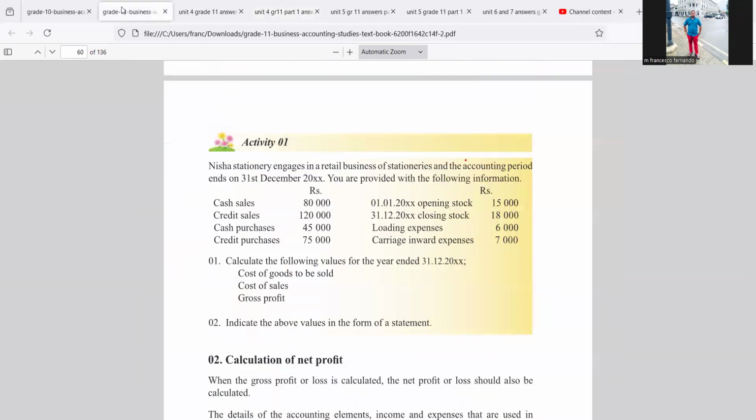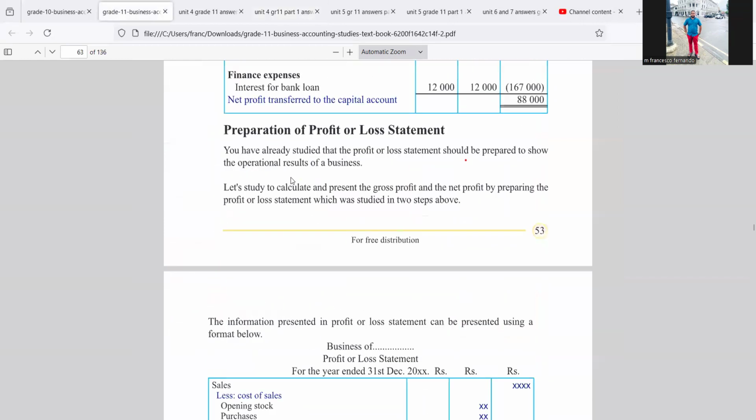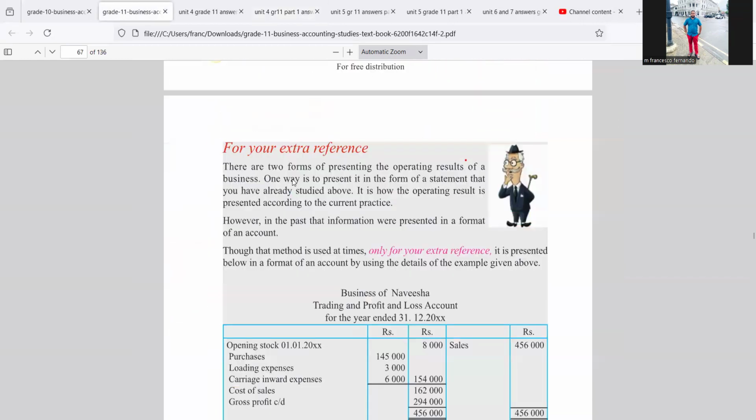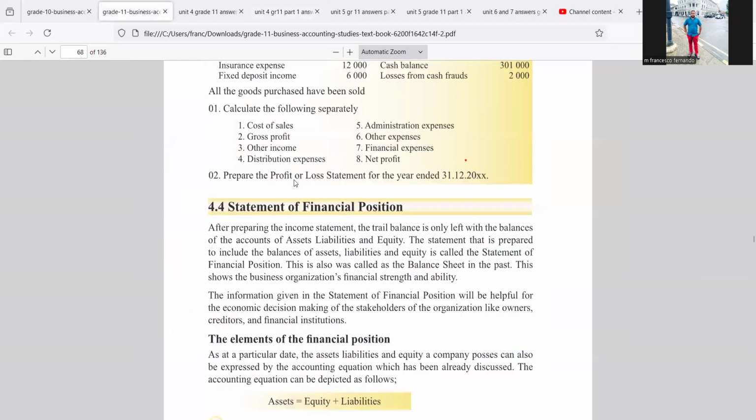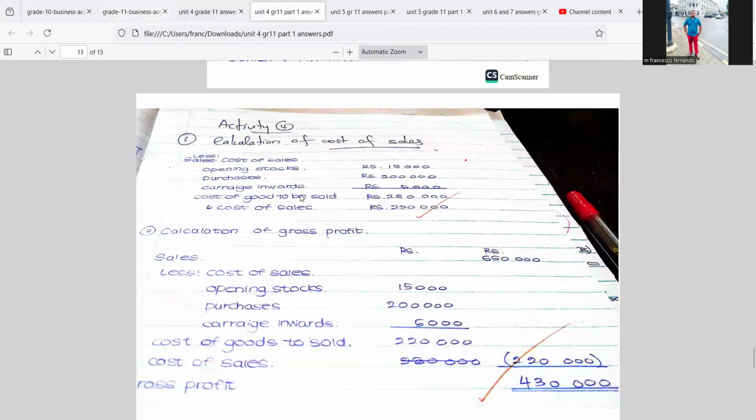Then if you take activity 4, they have asked to find the cost of sales. So how to find the cost of sales? As earlier I have shown, opening stock, purchases, carriage inward.